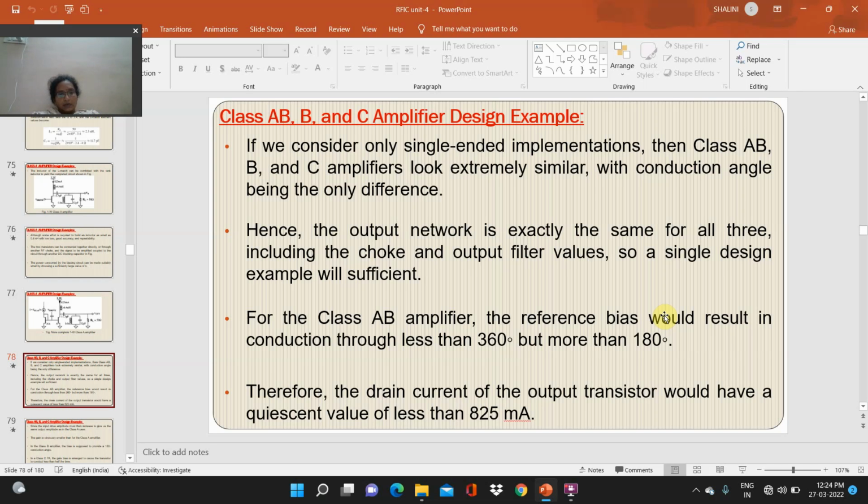For the class AB amplifier, the reference bias would result in conduction through less than 360 degrees but more than 180 degrees. Therefore, the drain current of the output transistor would have a quiescent value of less than 825 milliamperes.